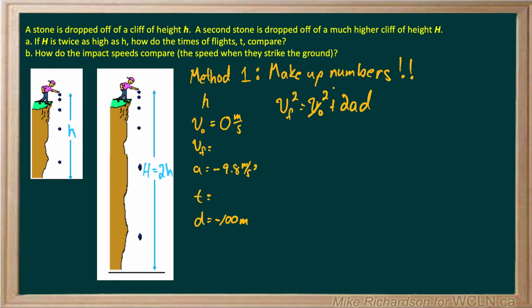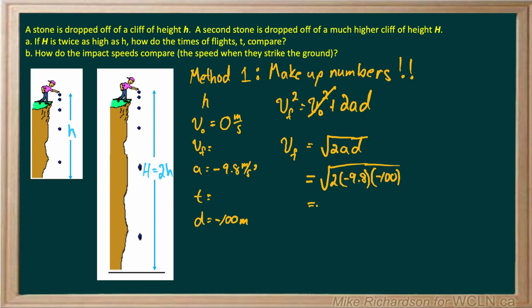Now v initial is 0, so that's gone. And if I solve this algebraically for v final, I get root, there's that root again, sort of should give you a hint as to how our answer is going to look. Root 2 times your acceleration times your distance, or your displacement. So putting in my numbers, root 2 times -9.8 times -100.